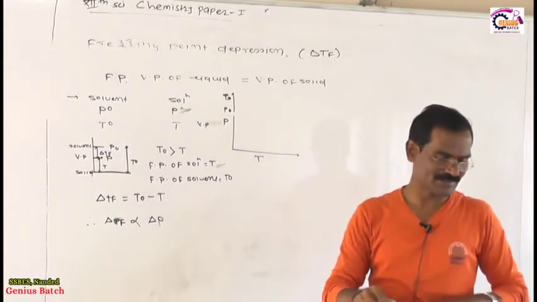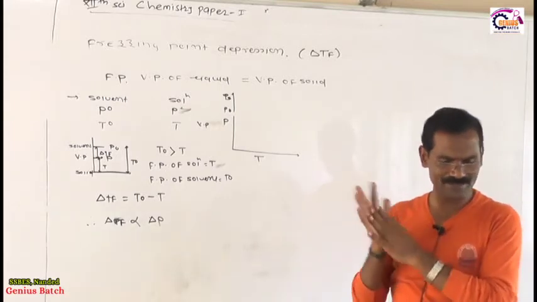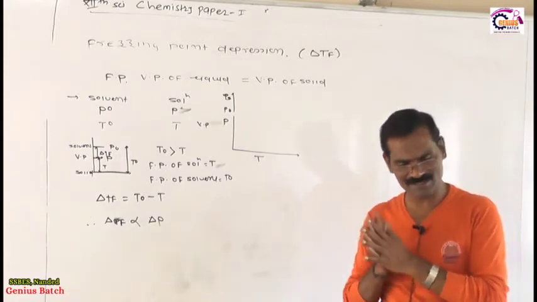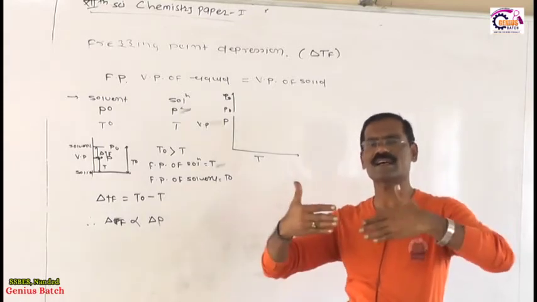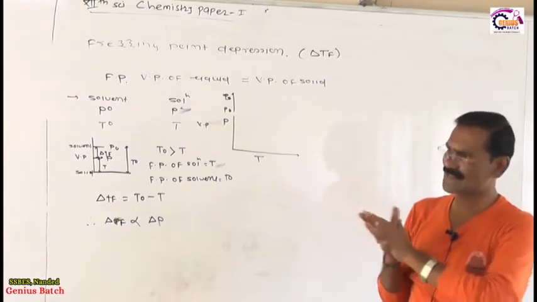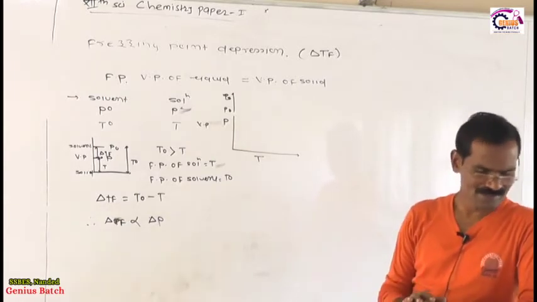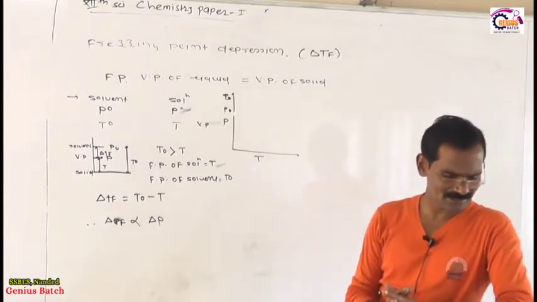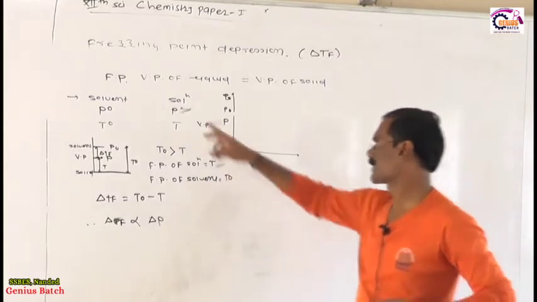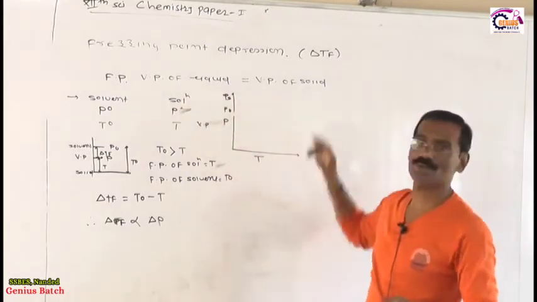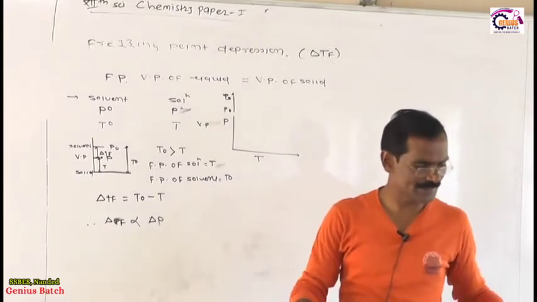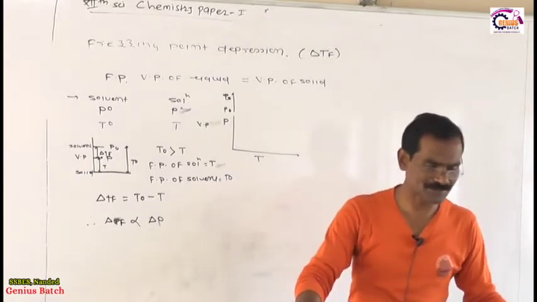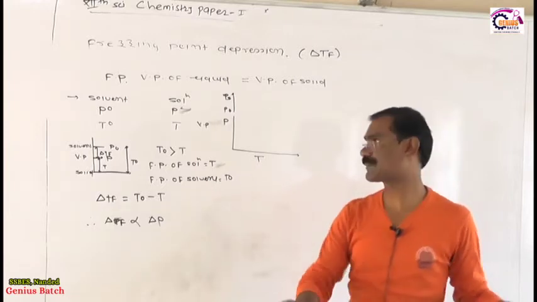It is the temperature at which a liquid freezes or solidifies, at which the liquid and its solid can coexist in equilibrium. Such a condition is obtained when the vapor pressure of solid and liquid are equal. Hence, the freezing point of a liquid is the temperature at which the vapor pressure of the solid is equal to the vapor pressure of the liquid.